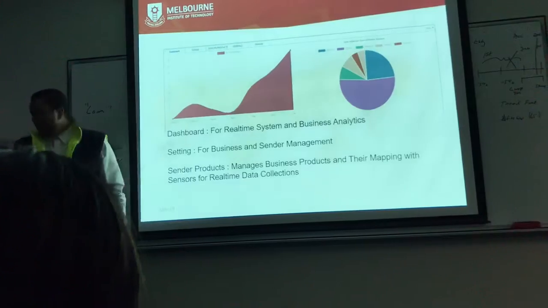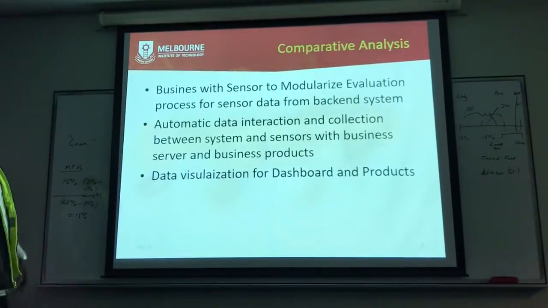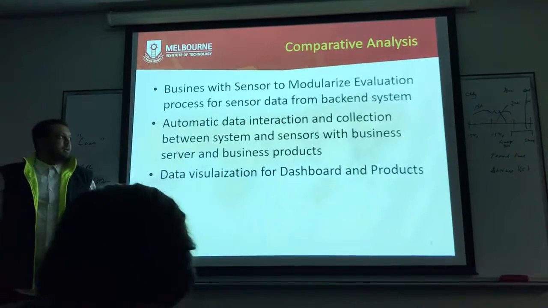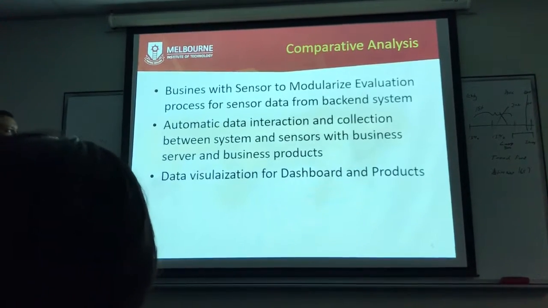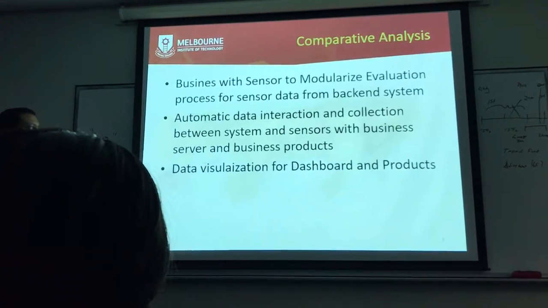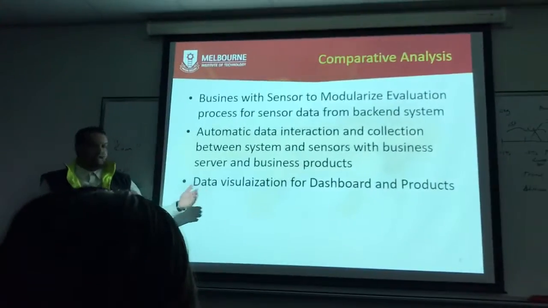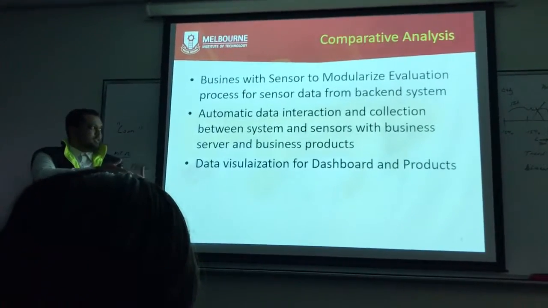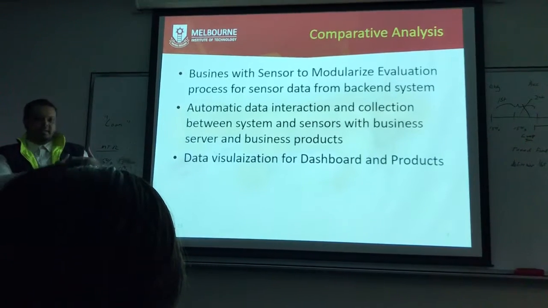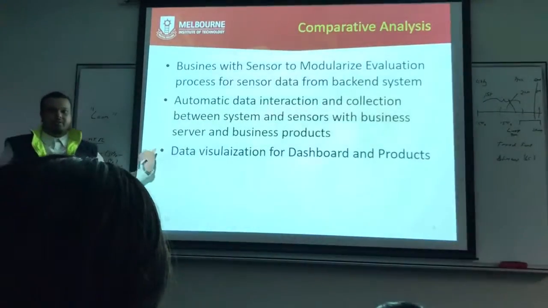For comparative analysis, there is business with sensor and a modularized evaluation process for the sensor data from the backend system. There is automatic data interaction and collection between the system and the sensors, with the business server and the business products. The sensors we have used need to put the data on the server, and the products will also collect the data. And the data visualization for the dashboard and the products, we have already shown.